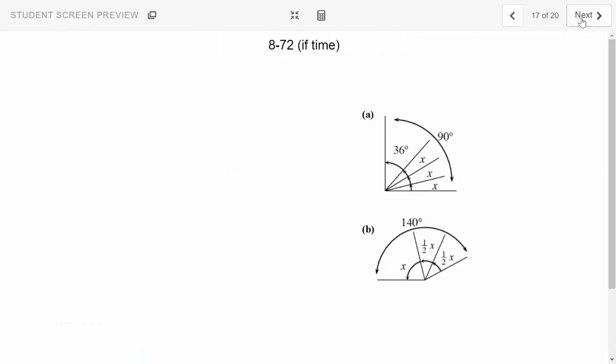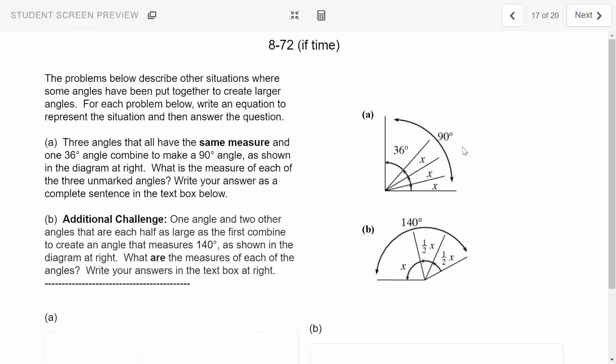When you're done, go try this problem. These four angles, x, x, x, and 36, add up to 90. These three angles add up to 140. I would like to know the value of x. So the problems below or to the right describe other situations where some angles have been put together. For each problem, write an equation to represent the situation, then answer the questions.